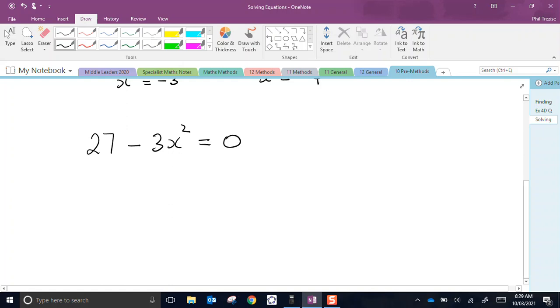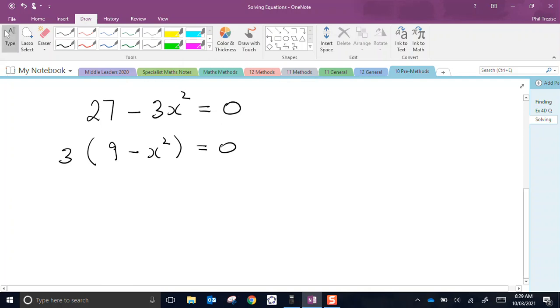Now, the first thing I can see is a common factor of 3. So remember, with our factorisation techniques, always look for the common factor first. So this would be 3 by 9 take x squared equals 0. Now I can see that 9 is a square number and x squared clearly is a squared number.